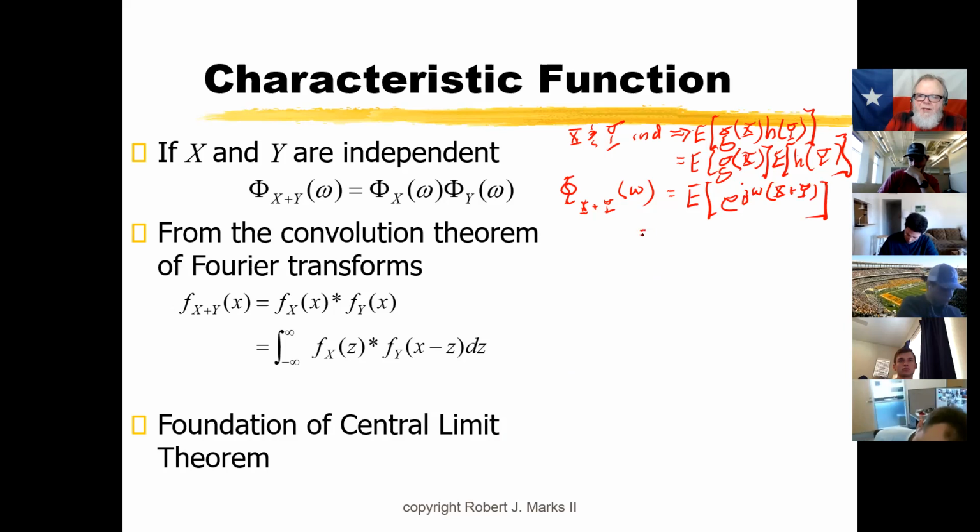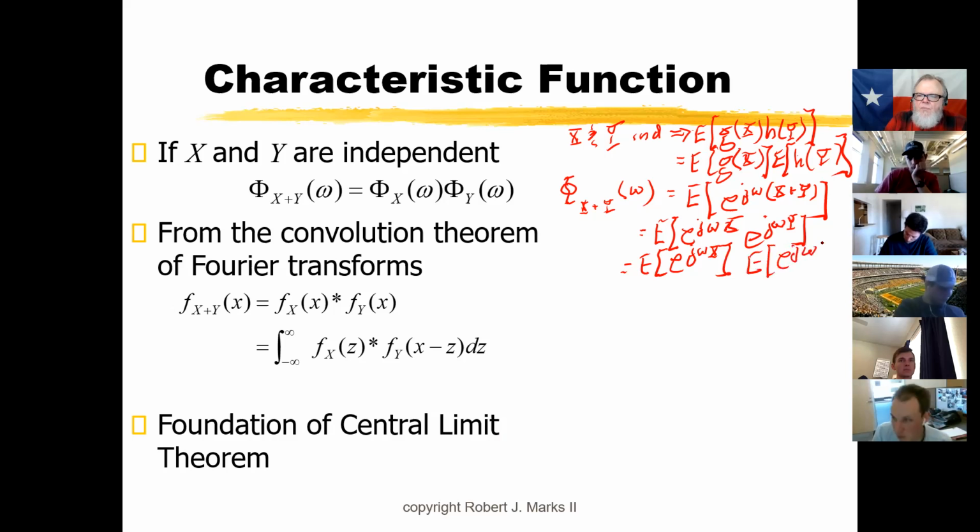Which of course can be broken into two pieces. And then by our theorem, this can be written as the expected value of e to the j omega x times the expected value of e to the j omega y, if they are independent.